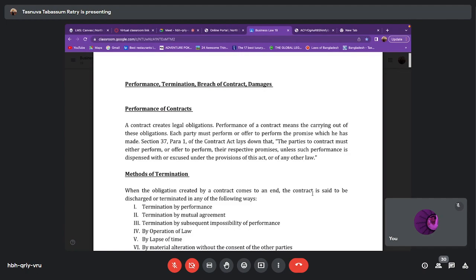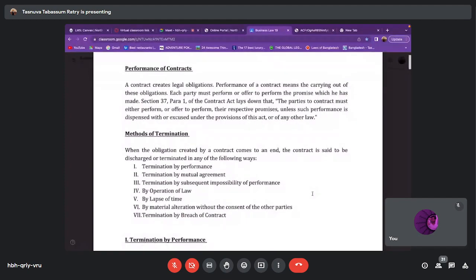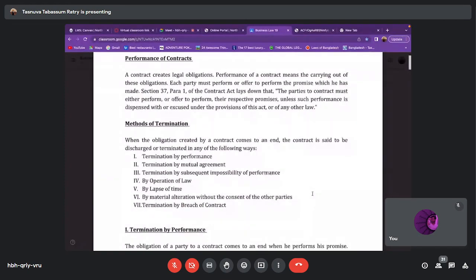Normally, if both the parties have performed their legal obligations, will the contract come to an end? Of course it will. So that is the first method of termination. The most normal, natural way for a contract to terminate is when the parties fulfill their legal obligations. There are seven methods through which a contract comes to an end.